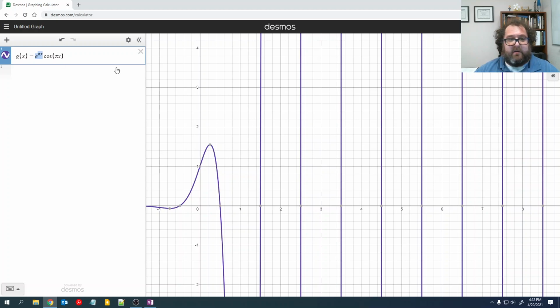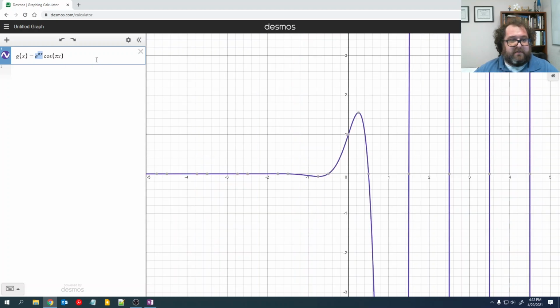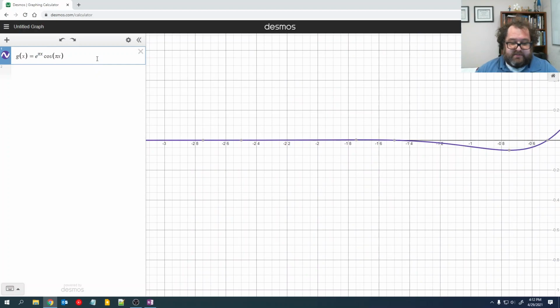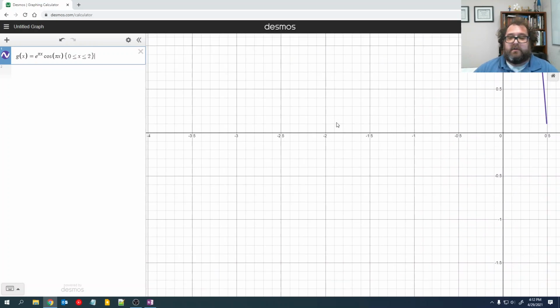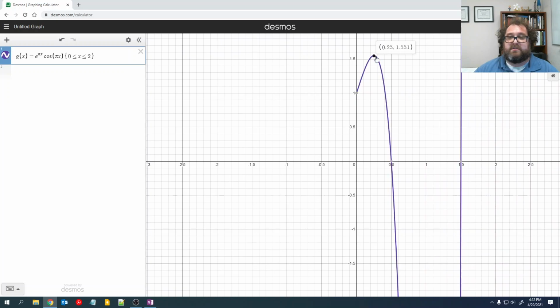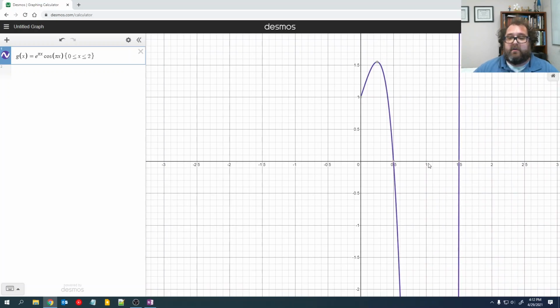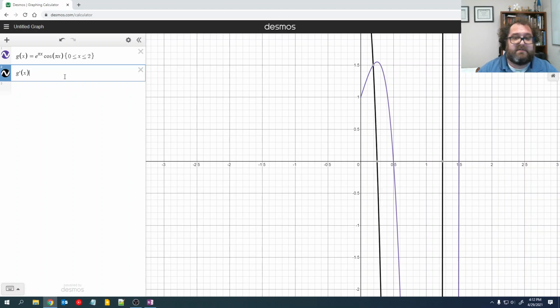But again, what we decided to do on the fly was only consider 0 less than or equal to x less than or equal to 2, and we found those nice 2 solutions, 1/4 and 5/4. And remember, graphically, folks, we can verify this by considering g prime of x.